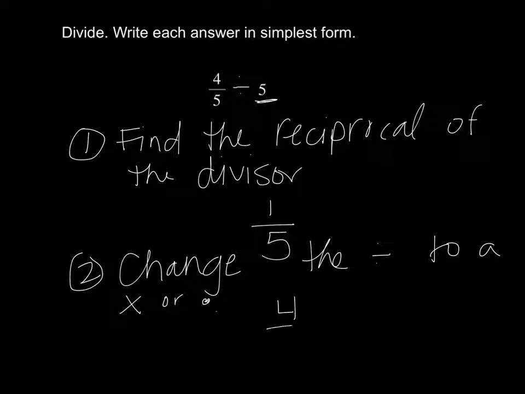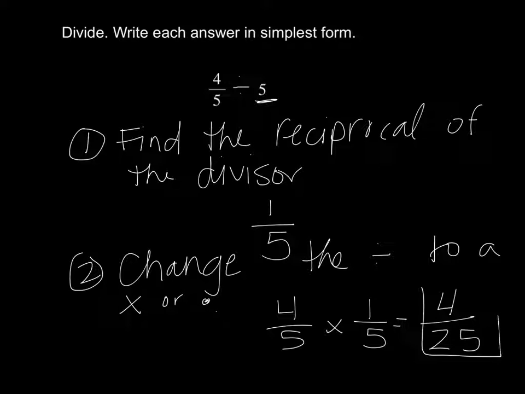So I would have 4/5 times 1/5 would equal 4/25. Again, we just multiply numerators, multiply denominators. 4/25. Now, the question is, can we reduce this? Nope. Because 2 does not go into 25, so that is it. So there's my answer for this one.